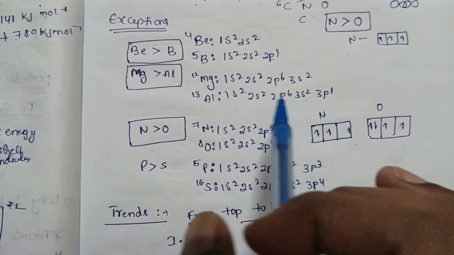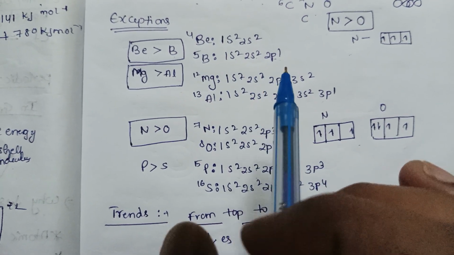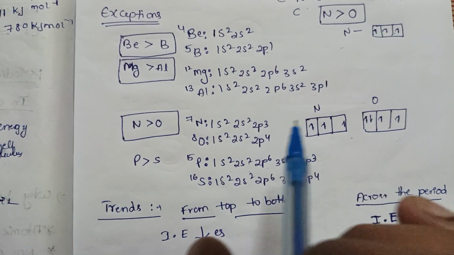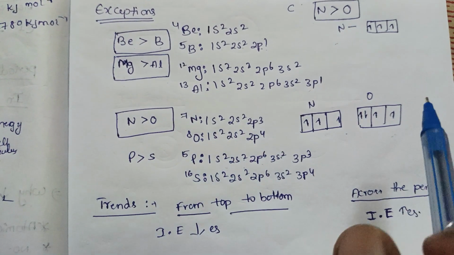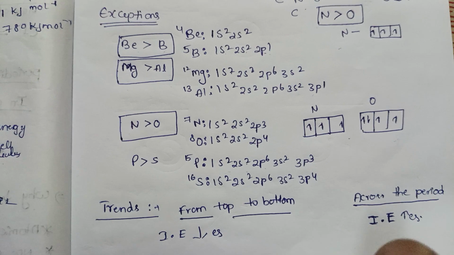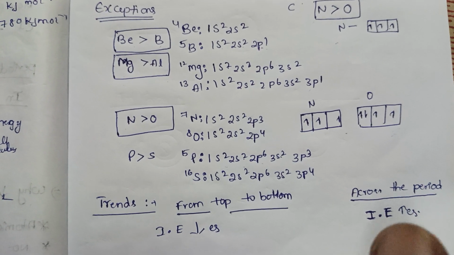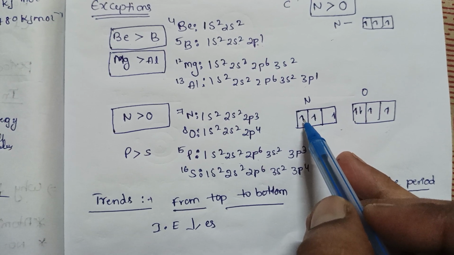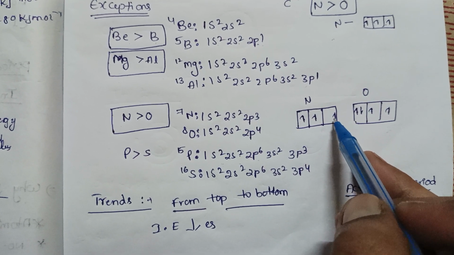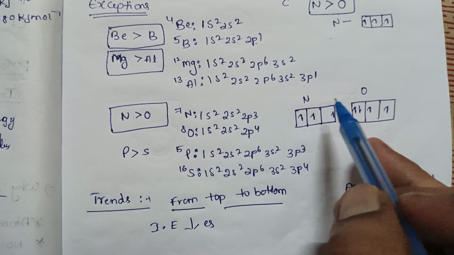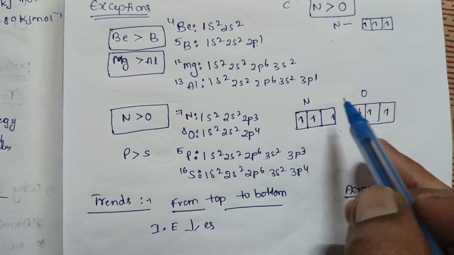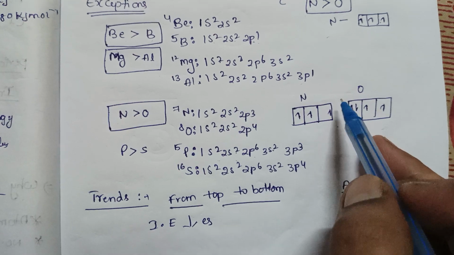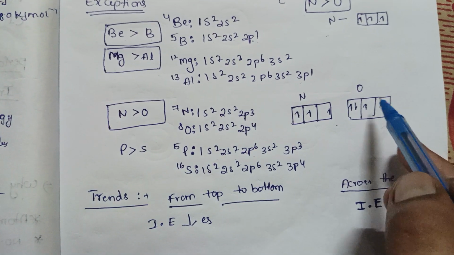But here, the factors affecting ionization energy we already discussed: full-filled or half-filled orbitals are more stable and directly proportional to ionization energy. Nitrogen has a half-filled configuration, so that's why nitrogen has more ionization energy than oxygen.